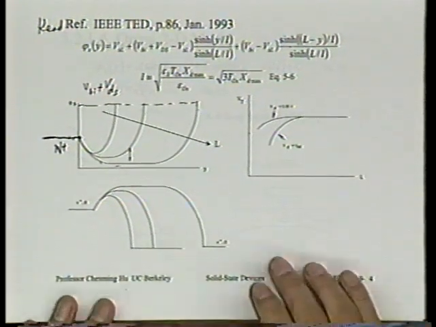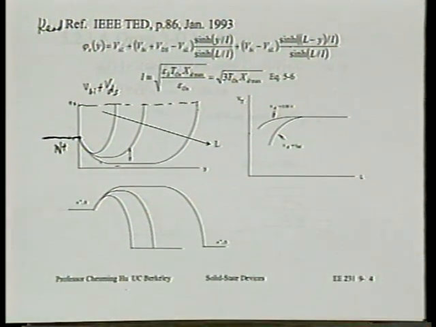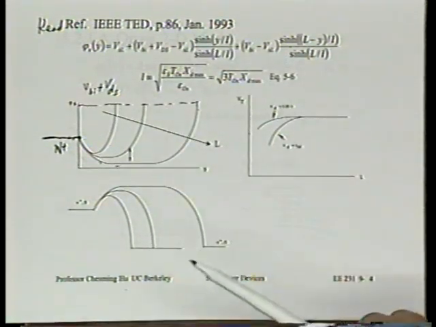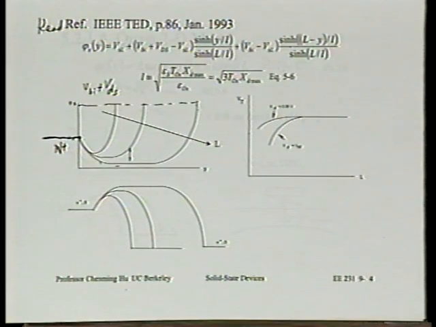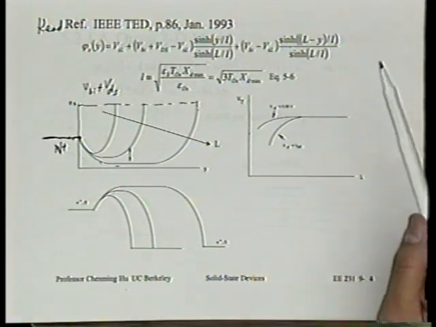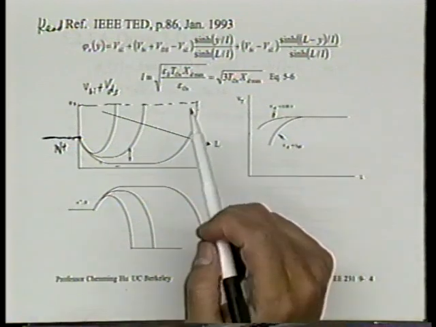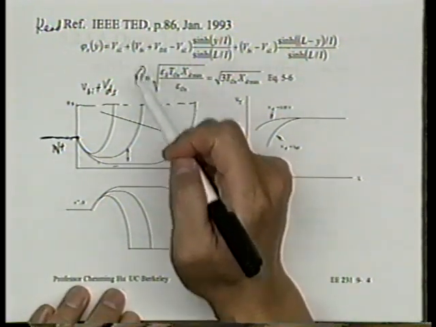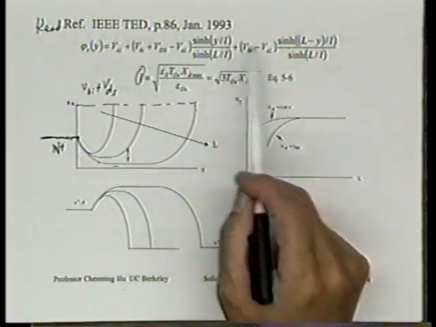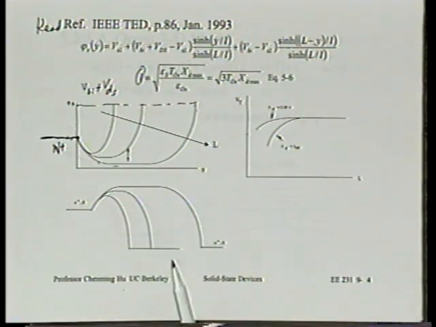So I think this is a very useful picture, even if these details are too complicated. Don't look at the detail, look at a simplified form of this analysis result. All right? The important thing is there's a characteristic length, little l, that shows up in these hyperbolic functions or exponential functions.